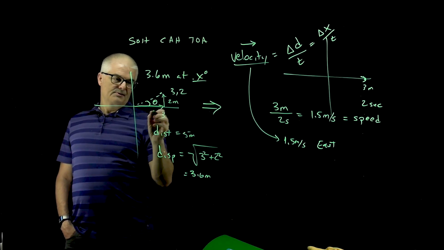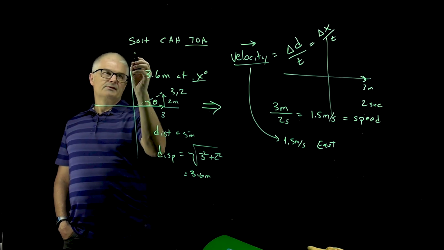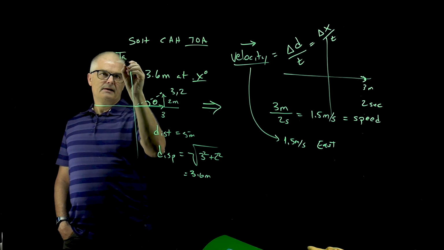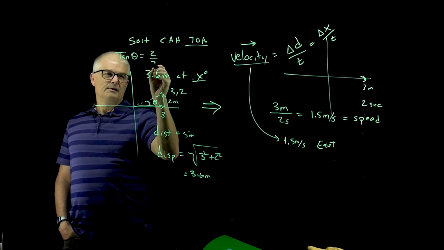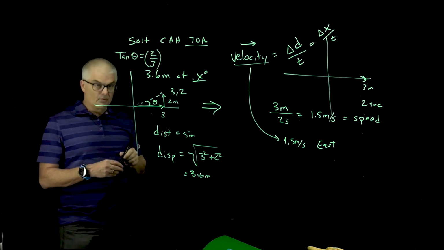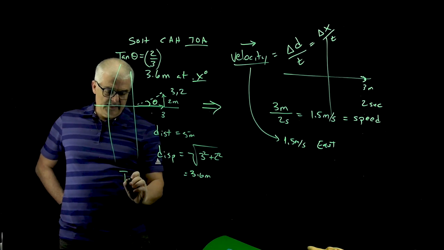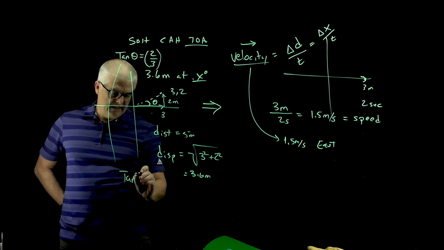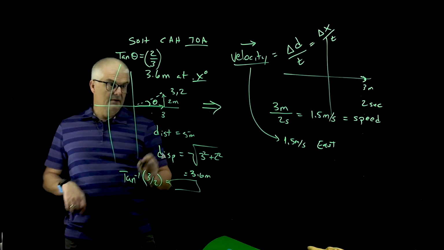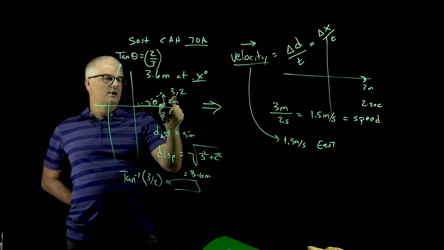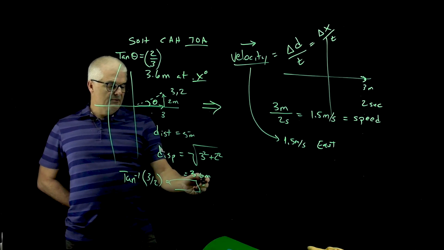This is going to be opposite over adjacent, that's tan. So tan of theta equals 2 over 3, and then I would solve for that angle. To do that on your calculator, you use the tan, sometimes called the arctan, but it's tan^-1 of 2 divided by 3, and that will give you your angle. Then you would say this is 3.6 meters at that many degrees, and that would be your displacement vector.